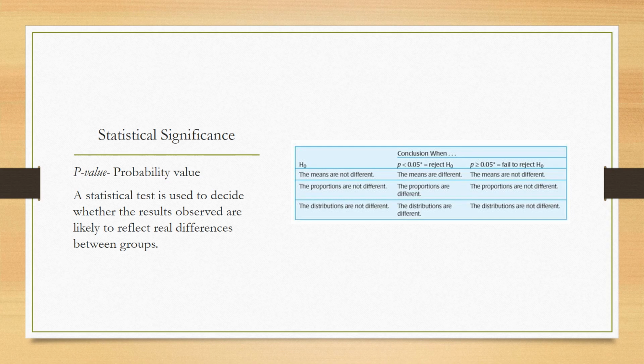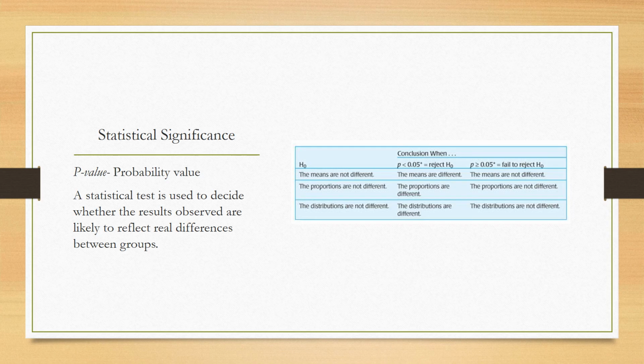If p is less than 0.05, you'll reject the null hypothesis, and that will mean that the means are different. If probability is greater than or equal to 5% or 0.05, it fails to reject the null hypothesis. So the means are not different. It does get a little confusing, but that is what you're looking at.